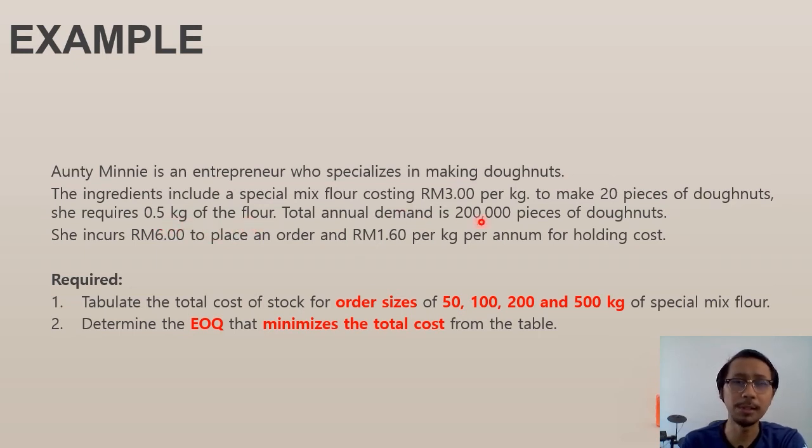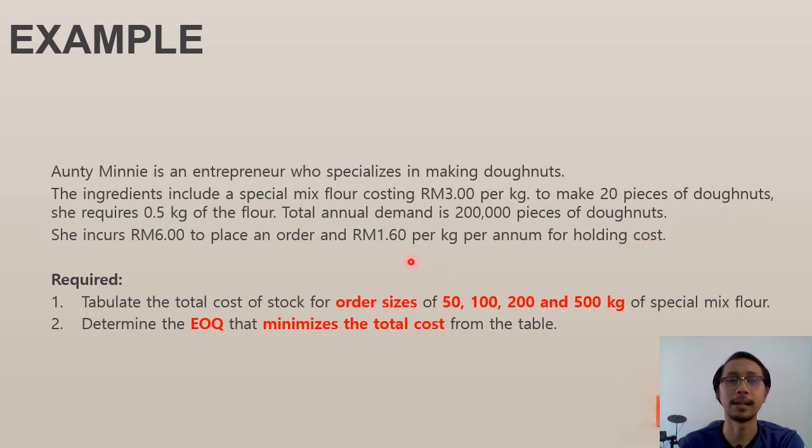The total annual demand is 200,000 pieces of donuts. Now, please bear in mind that this is the demand for the donuts. You need to calculate the demand for the material, which is your flour here. Next, Aunty Mini incurs 6 ringgit to place an order and 1 ringgit 60 cents per kg per annum for holding costs.